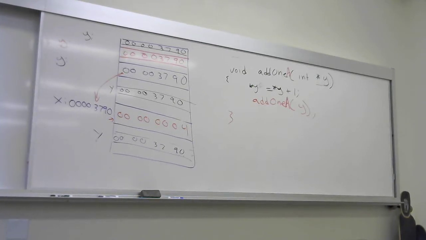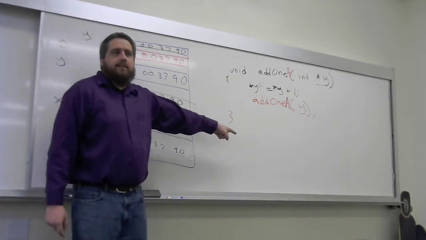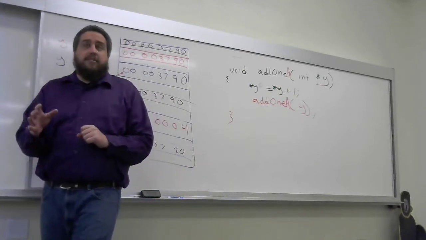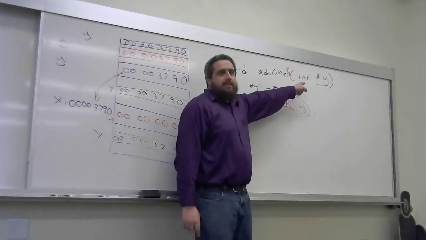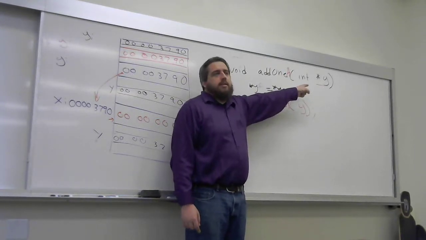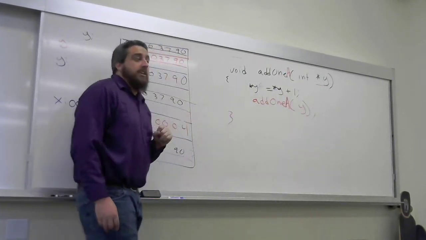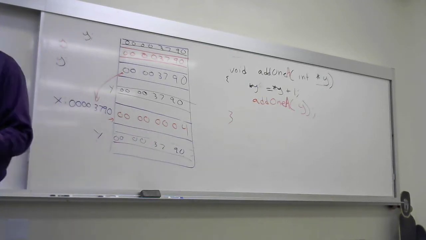Primitives and objects. Everything's either a primitive or an object. In Java, everything that is a primitive passes like our add one b did. In Java, everything that is an object passes like this, with a pointer. It just doesn't tell you that it passes like that.